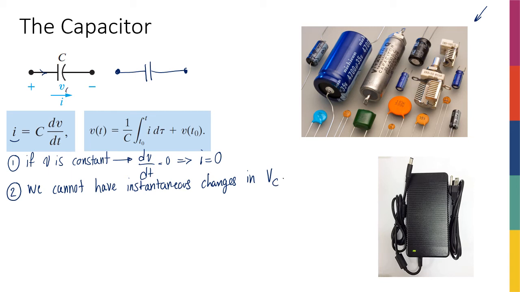Why? Again, if we have that, dV over dt is going to be infinity, and that means that I has to be infinity, which is something that is not going to happen.